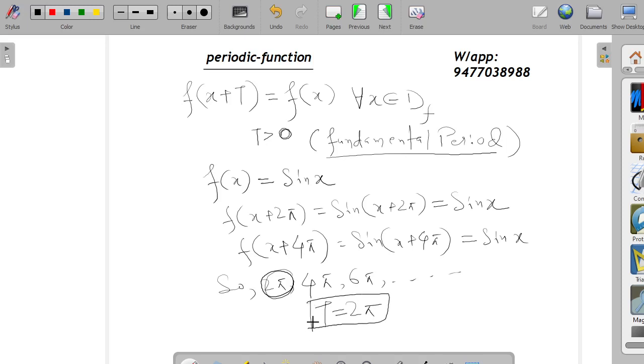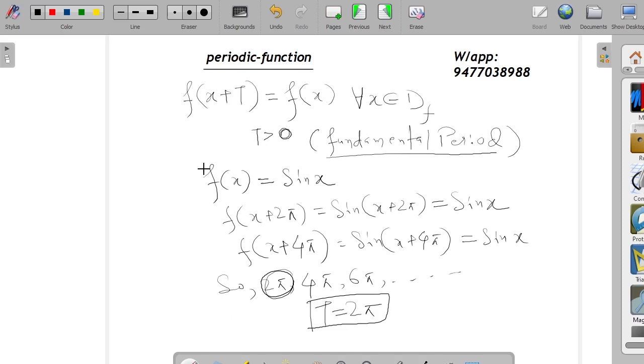We can verify this with the help of a graph, but we shall make use of a short strategy to investigate the fundamental period of the function. We are mainly interested in finding the fundamental period.